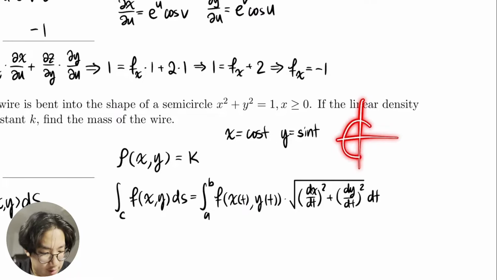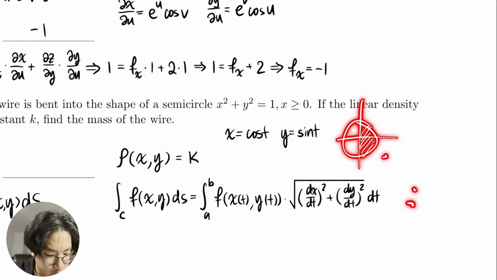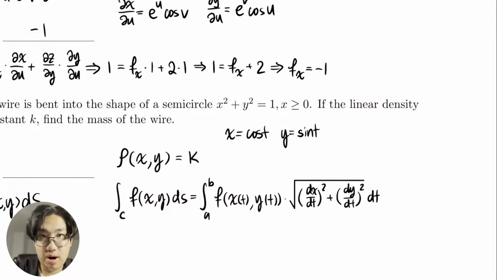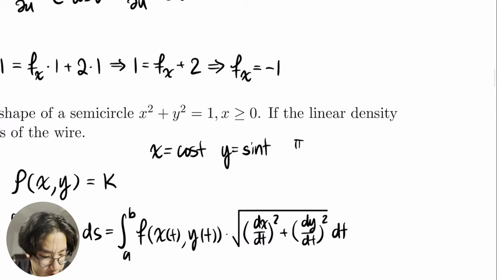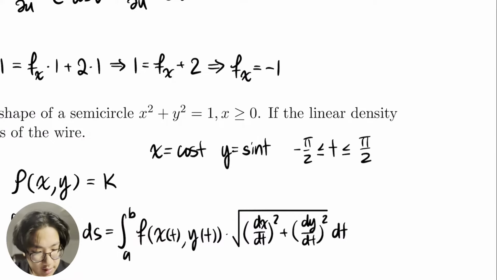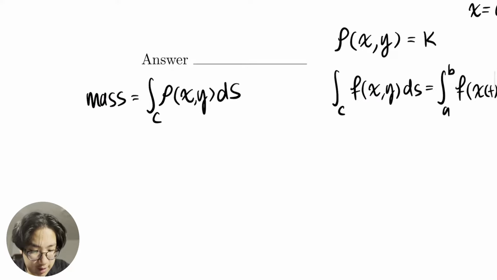If we were to draw this circle, we're effectively looking for this portion right over there, which the easiest way to quantify is to go from negative pi over 2 to positive pi over 2. Remember, your parameter must be increasing. So t is between negative pi over 2 and pi over 2.